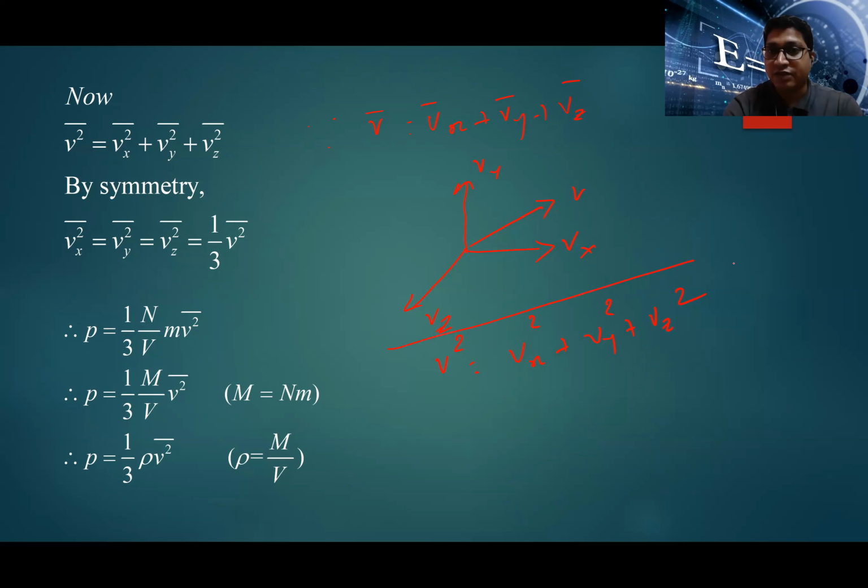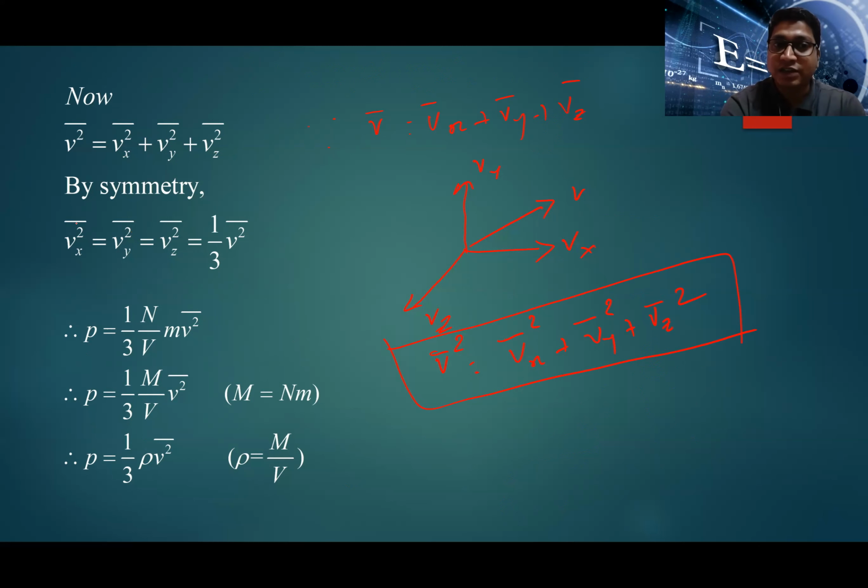This is, of course, in vectors, you must have learnt. Okay, the square of any vector is nothing but a scalar. So even if I'm putting the bar over here, it is nothing but a scalar term. So v square is equal to vx square plus vy square plus vz square.